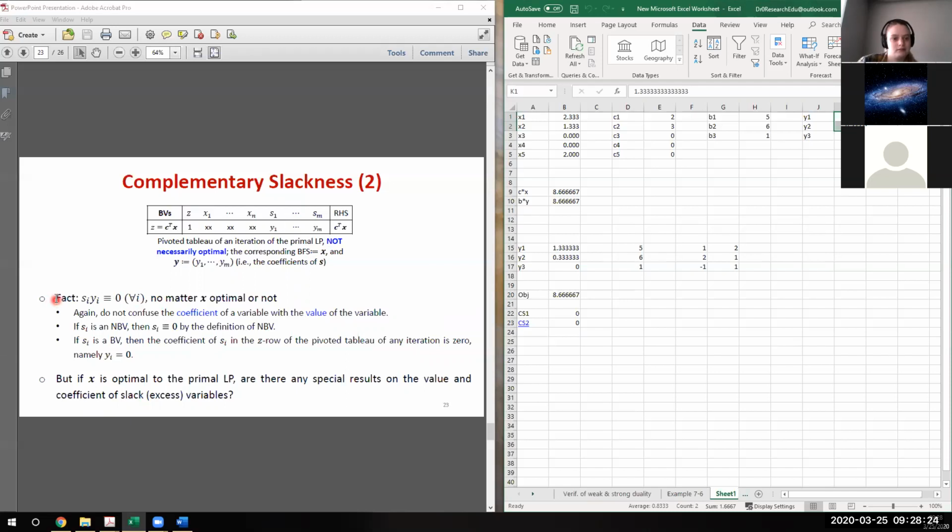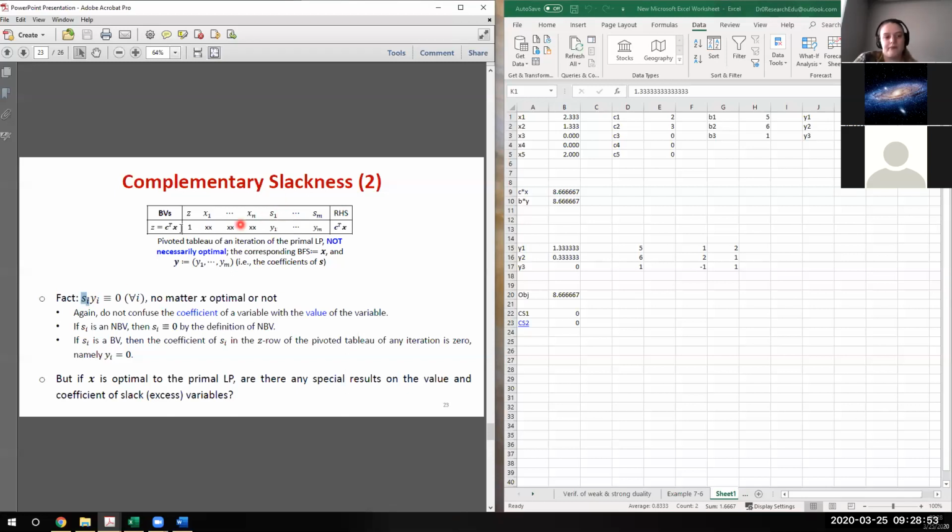First, we can easily observe a fact that si yi must be 0 for any i. And this s means the corresponding slack variables. Do you know why? First of all, do not confuse the coefficient with the variable value. So si means the true value of these slack variables.